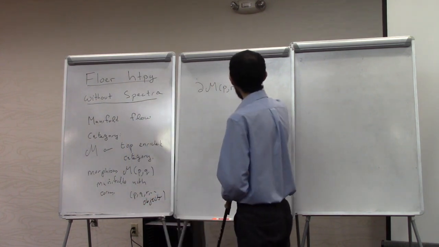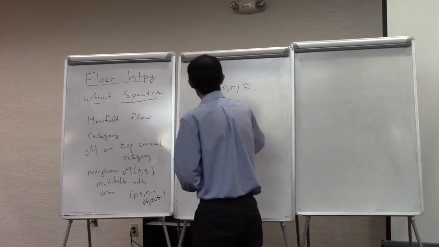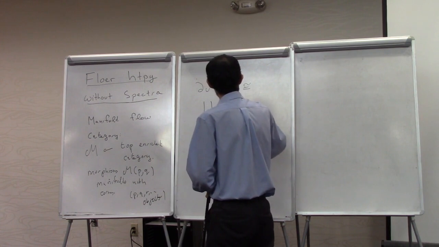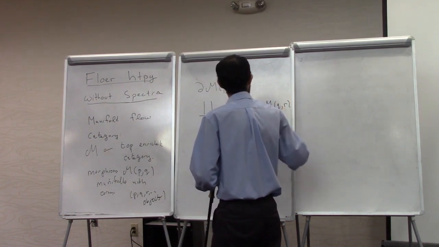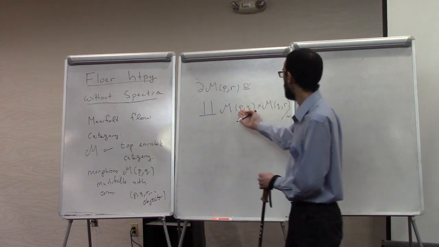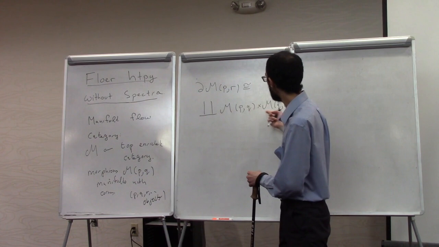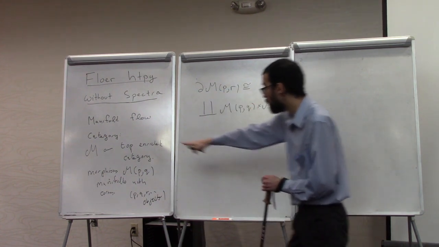You want the boundary of MPR to essentially be given by the product of MPQ cross MQR modulo the obvious gluing relation, which is that the map from this to MPR is just the composition in this category.